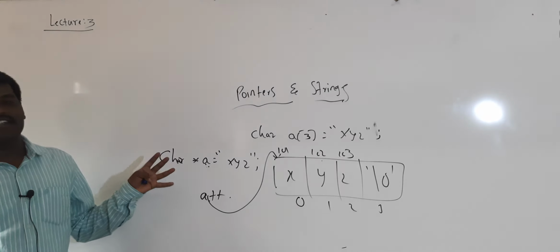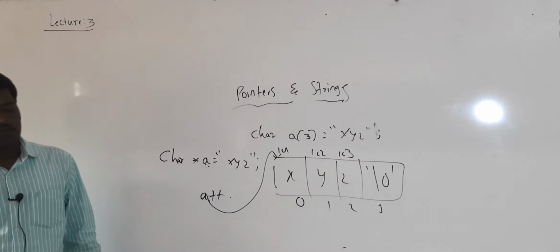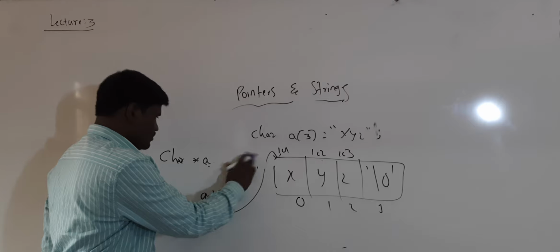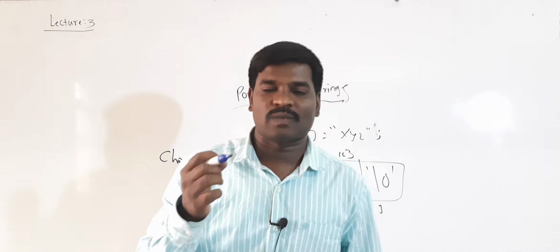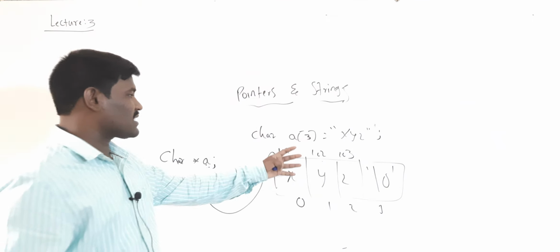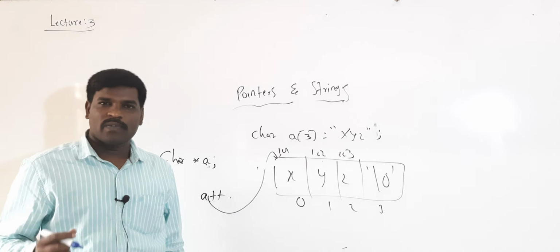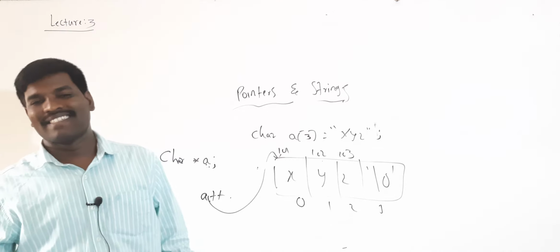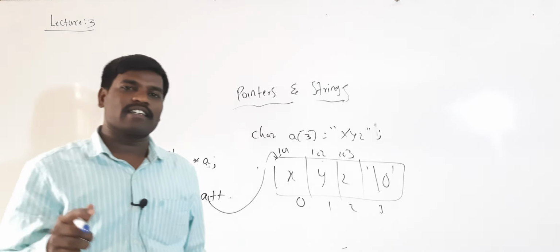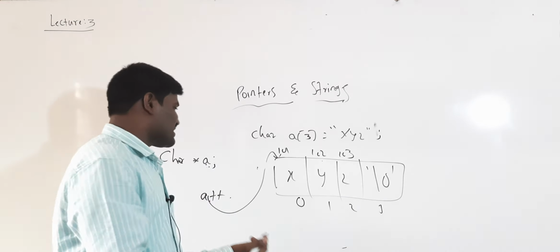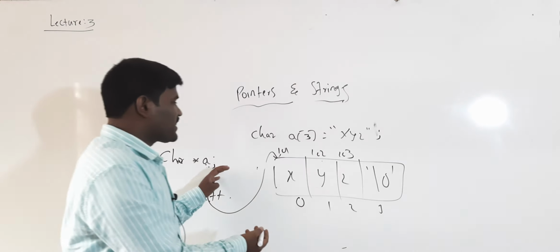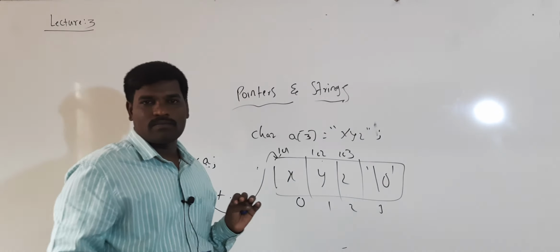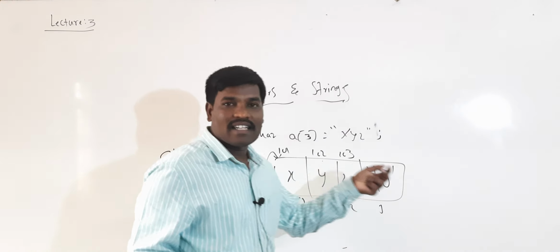So this is pointers and strings. With the help of a pointer character, it is possible to get all the characters. If you know the initial address, you can increment the address by one and it points to the next character.